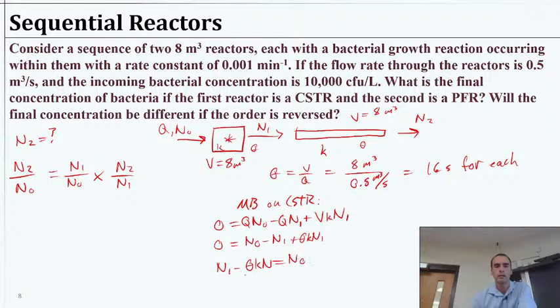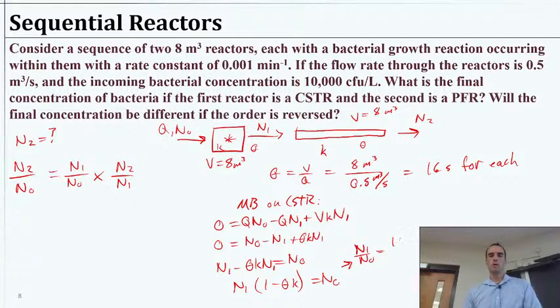Divide everything, separate out the N1 times 1 minus theta K equals N naught. And so we can get our solution here to say that N1 over N naught equals 1 over 1 minus theta K.